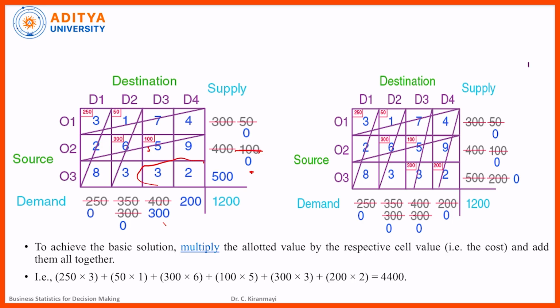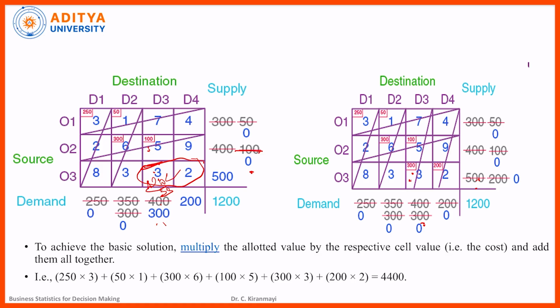Now, this is the leftover matrix and this cell is going to be the northwest corner, that is, cell 33. Here, how many units are required? 300 are required, and how many units can be supplied? 500. So, whichever is lesser, that value we have to assign. 500, 300, 300 is lesser.